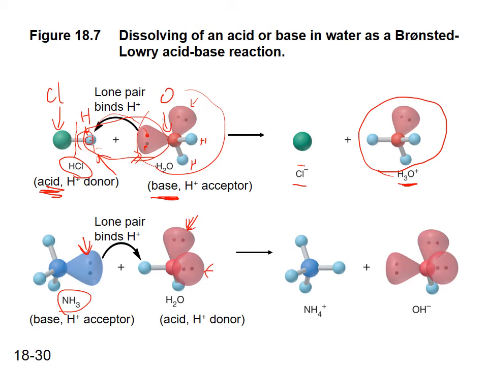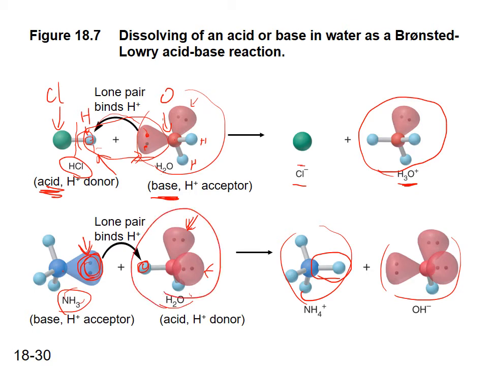Therefore it is this lone pair electron that goes between nitrogen and the proton, forming a new bond. So ammonia becomes ammonium, and the water becomes hydroxide. In this reaction, water donates this proton to ammonia, and it's an acid. Ammonia accepts this proton from water, and it's a base.